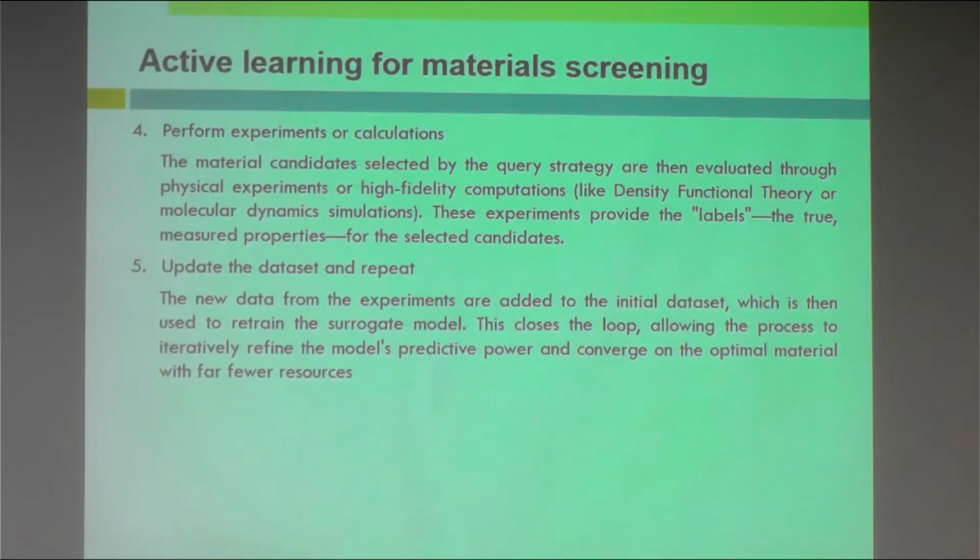Update the dataset and repeat. The new data from the experiment are added to the initial dataset, which is then used to retrain the surrogate model. This closes the loop, allowing the process to iteratively refine the model's predictive power and converge on the optimal material with far fewer resources.